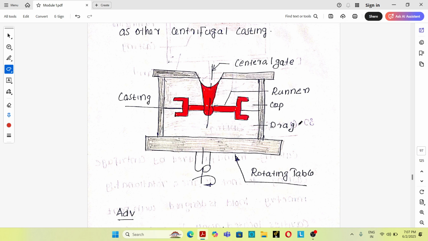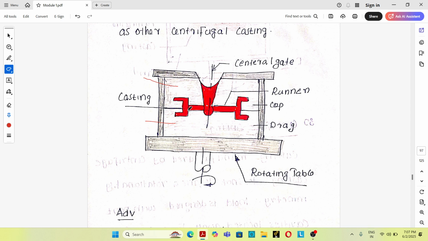See, in this process also we use an expendable sand mold that is rotating by some method. This is an expendable sand mold which has a core portion and a drag portion. This is the core portion, this is the drag portion, this is the mold cavity, and this is the central sprue and runner.